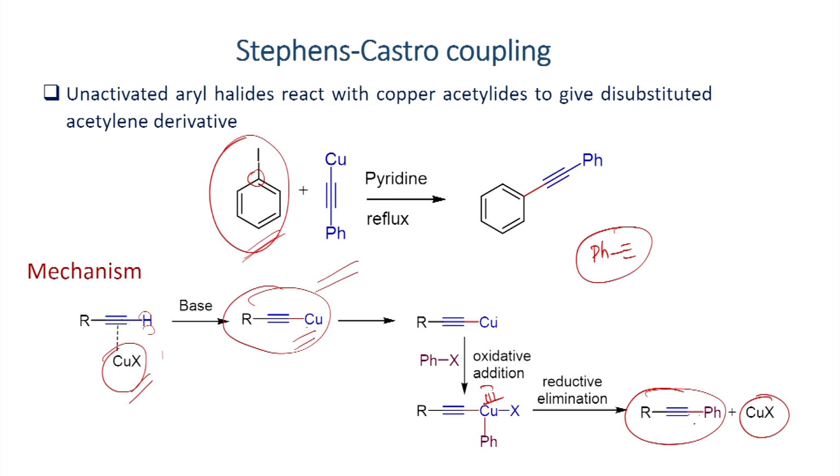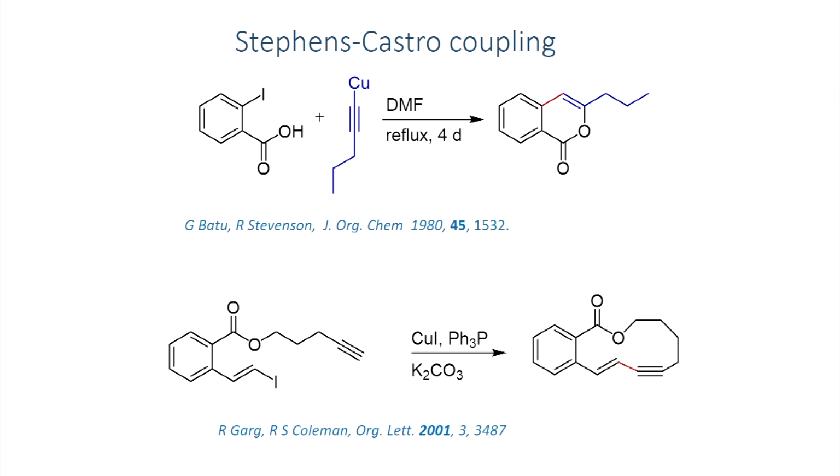In this way you can make aryl alkyne derivatives. So, in this way you can make a variety of alkynyl derivatives, which are also widely used in organic synthesis for functional transformations. Here some examples are shown for this Stephens-Castro coupling reaction.